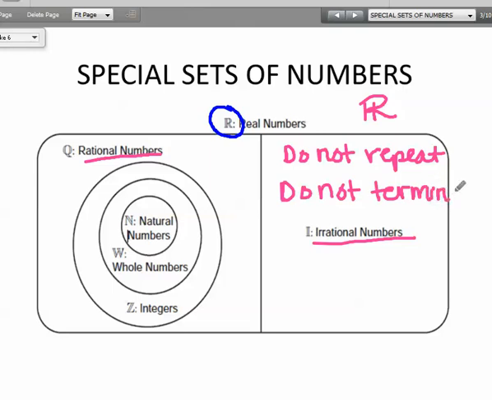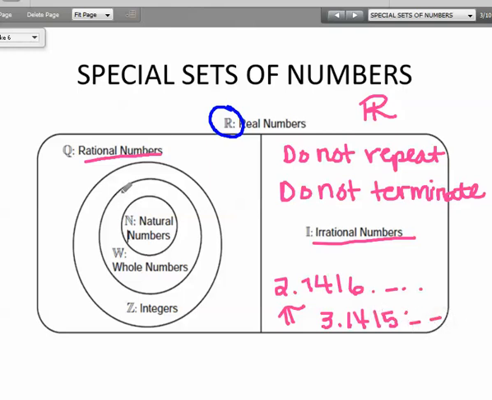What is she talking about? Okay, so I'm thinking like 3.1416, blah, blah, blah. Keeps going. Or how about pi? Okay, it's an irrational number because it keeps going and the numbers don't repeat in a pattern. 3.1415, blah, blah, blah.